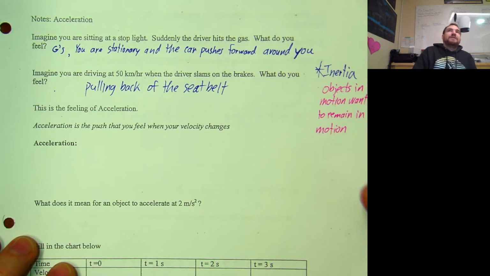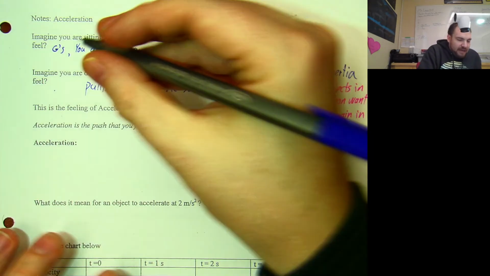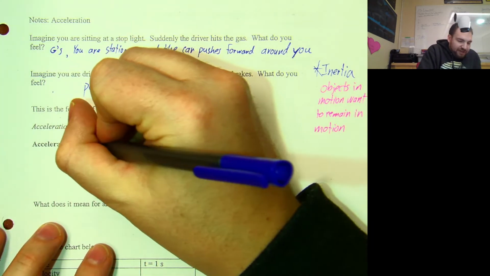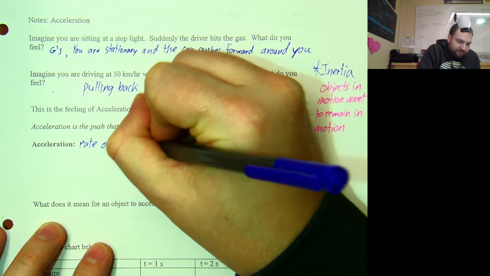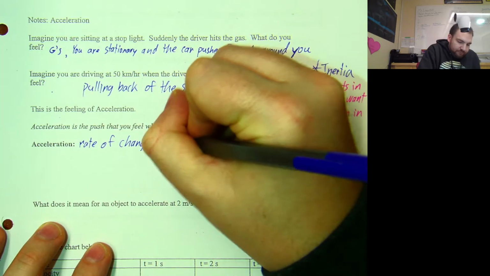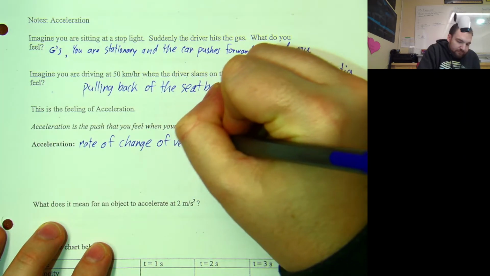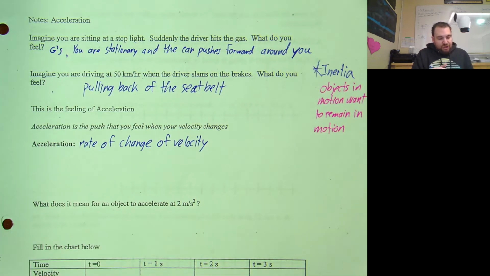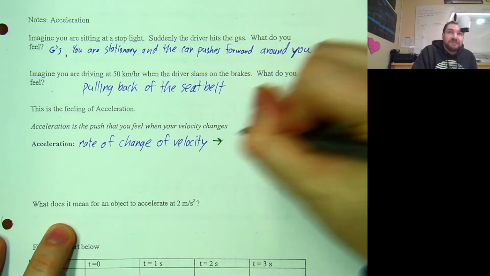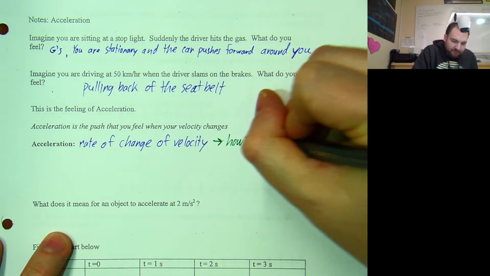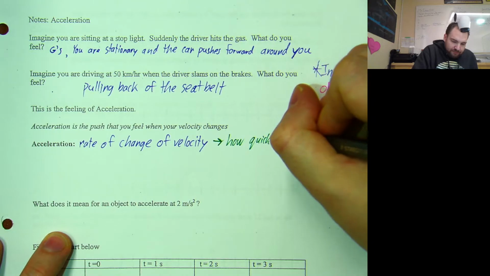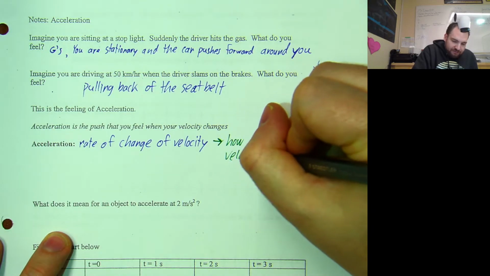So we'll give it a few different kinds of definitions. First, verbally, or with words, acceleration is the rate of change of velocity. So, if that set of words doesn't make sense, it's how quickly velocity changes.